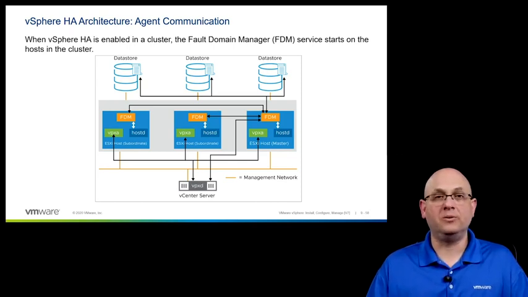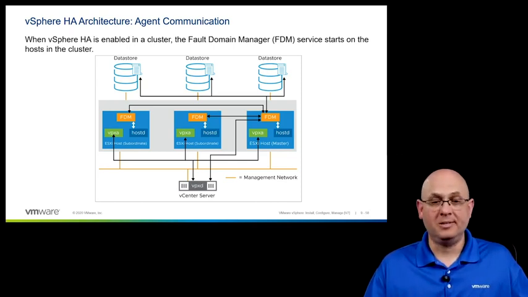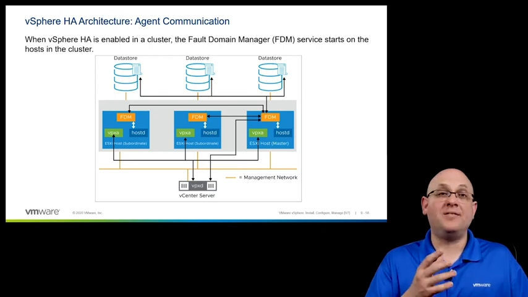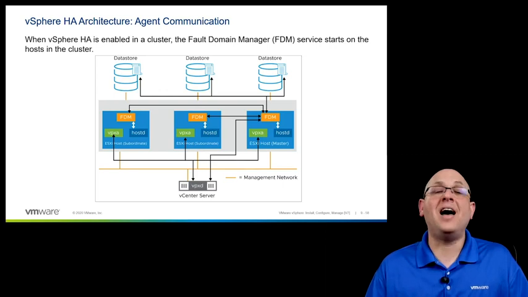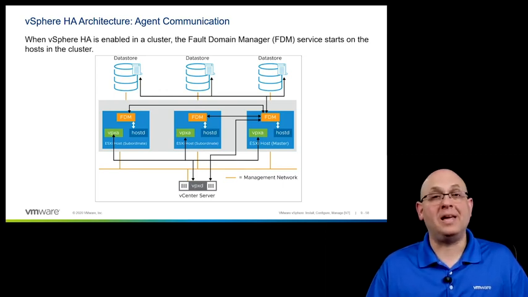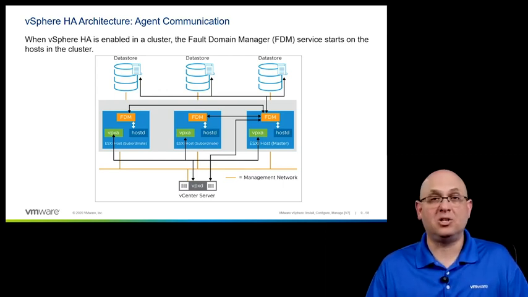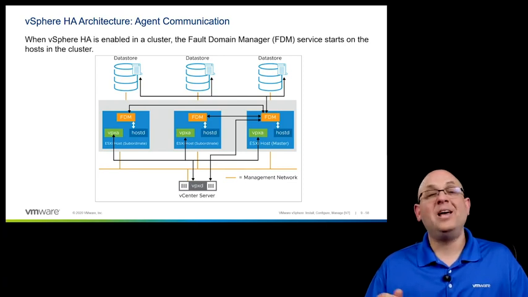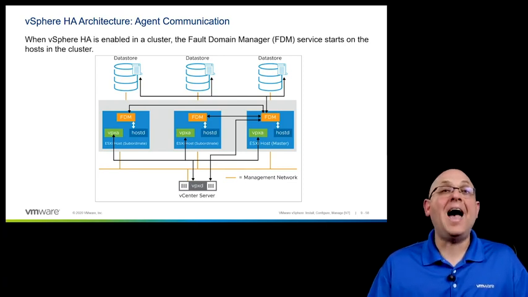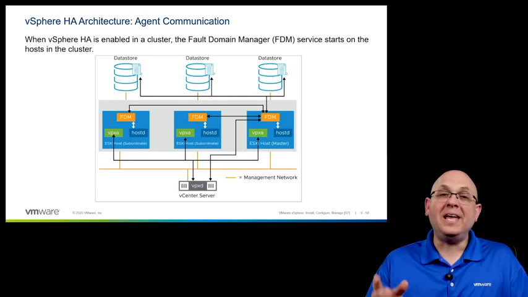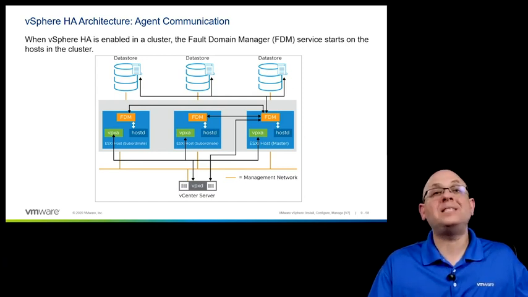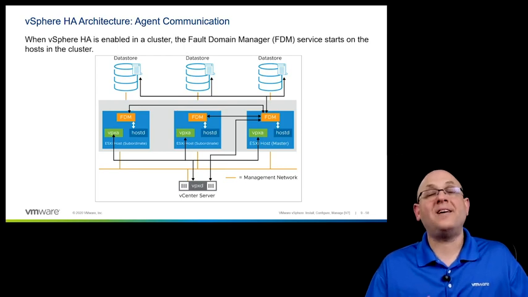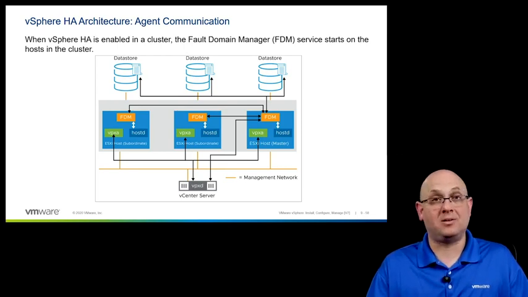What the master will do is collect a list of all the hosts and a list of all the VMs running on those hosts, and it'll save that as a file in the FDM directory in your ESXi host installation location. It'll then copy that file to each of the other ESXi hosts so that each host has the capability of actually becoming a master.